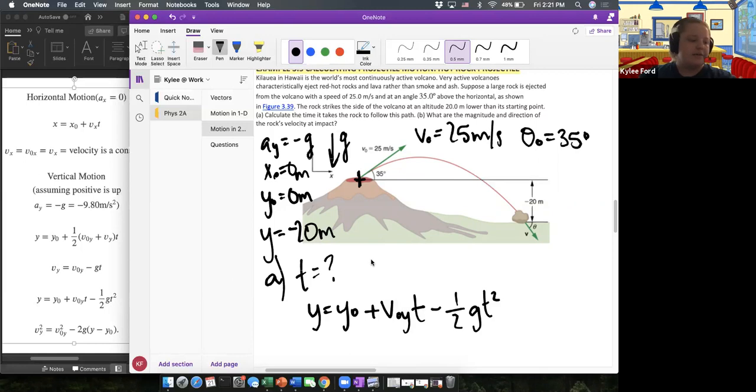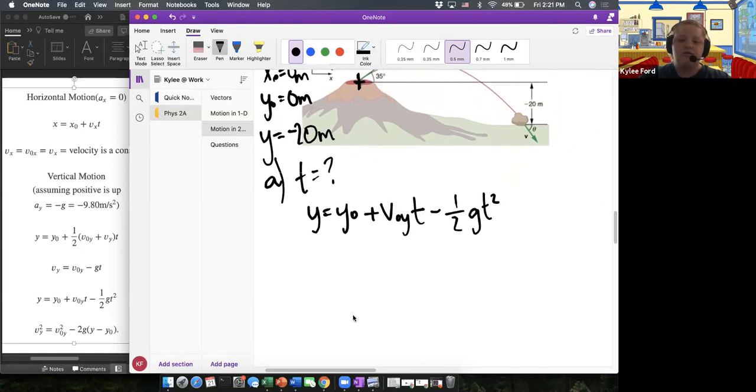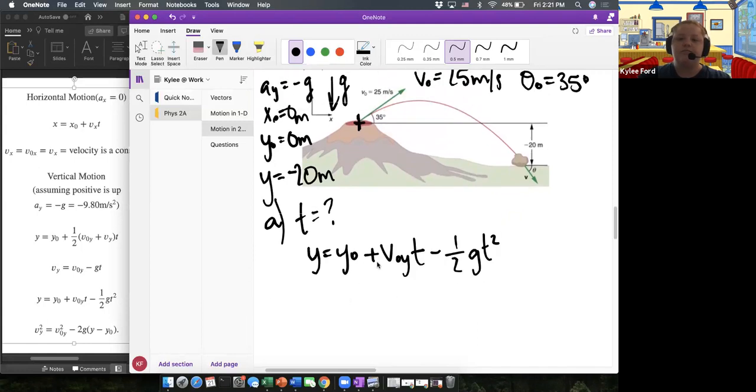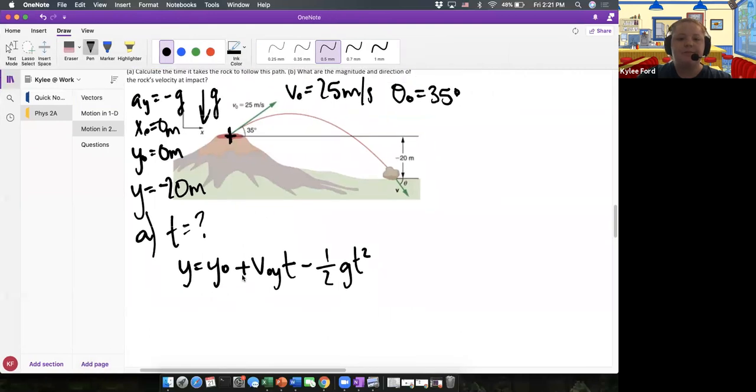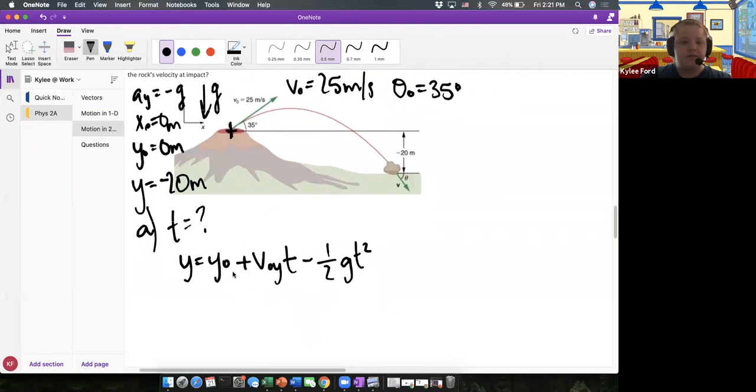All right, so this is going to take a bit of doing. I'm going to make this a little bigger. I'm going to start plugging in my values. So my y naught is 0, so I'm going to cross that out automatically. But that's the only thing I can cross out. I am going to start plugging things in. So my y here is negative 20 meters.